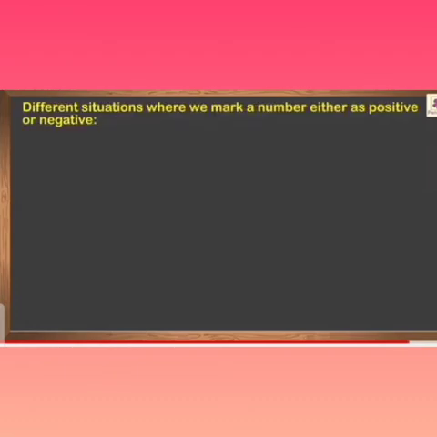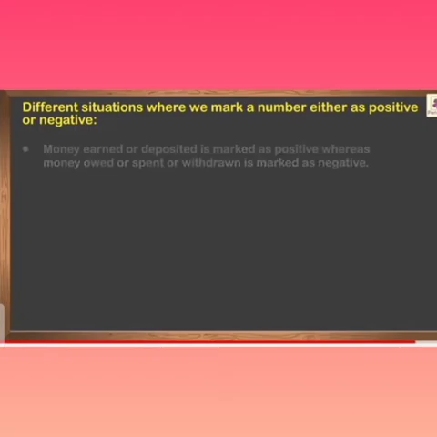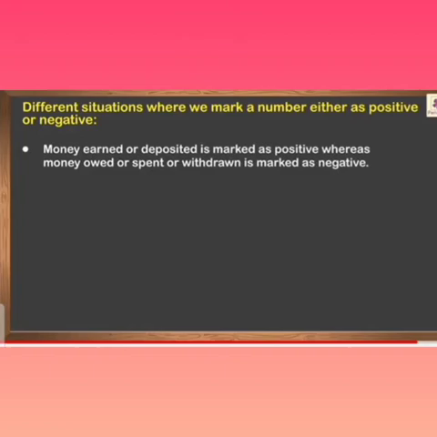Now, let us look at different situations where we mark a number either as positive or negative. Money earned or deposited is marked as positive, whereas money owed or spent or withdrawn is marked as negative.